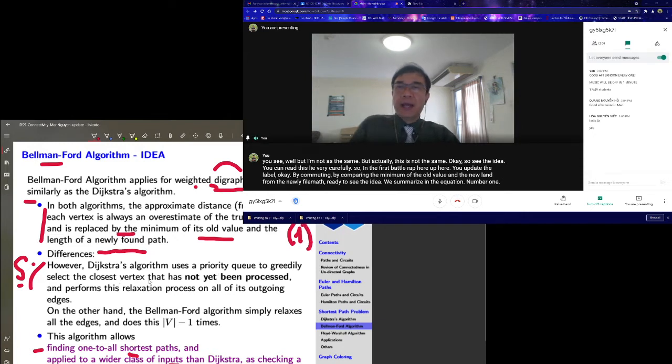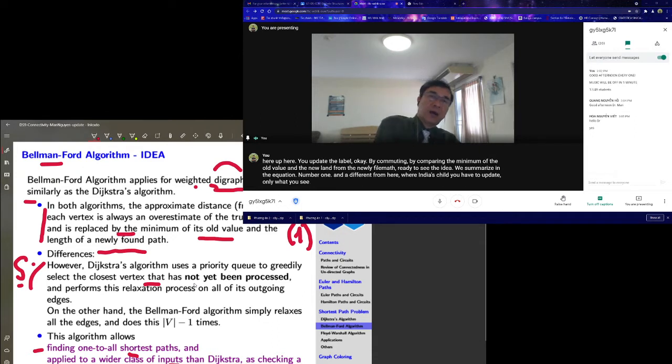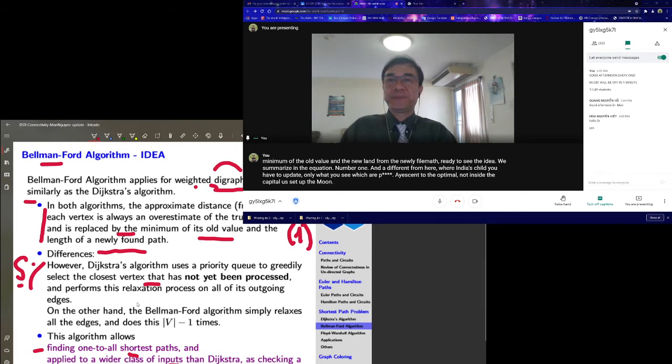And the difference is from here, where in Dijkstra you have to update only the vertices which are adjacent to the optimal node inside the capital S, the set of optimal nodes. On the other hand, for Bellman-Ford, we don't care about that. We can apply it to any edge inside the graph up to that moment.